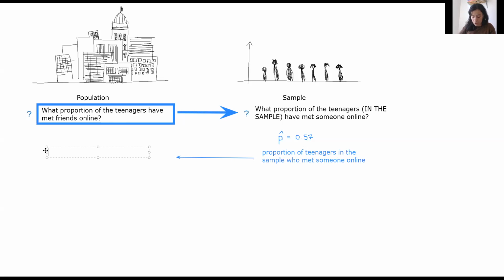So that means that the proportion of teenagers that have met someone online should be some number, P, but it's going to be maybe 0.57. We're going to put it with question marks over here because we don't know if this is a proper estimation, but it's the best guess that we can make.